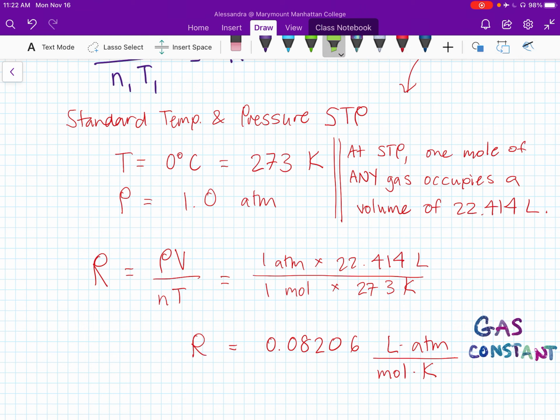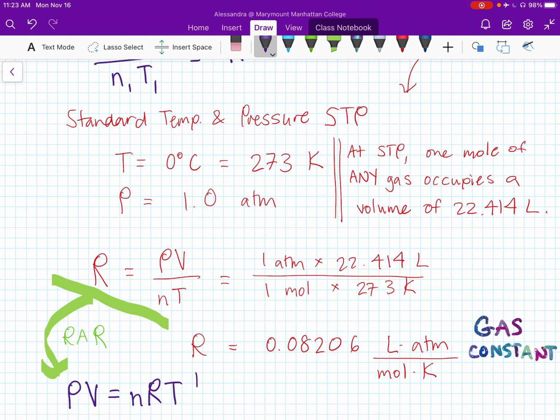So let's take this equation right here and rearrange it. Let's rearrange that equation. R equals PV over NT. I'm just going to multiply both sides by NT to get PV equals nRT. Okay, so even though I kind of wrote that in the margin here, it is extremely important.